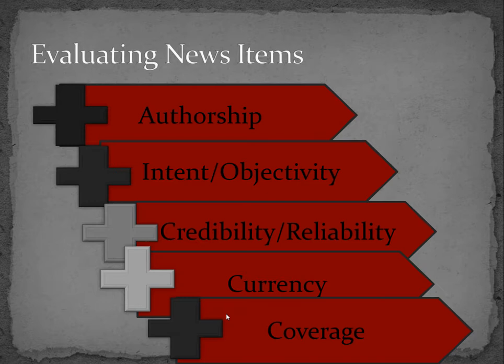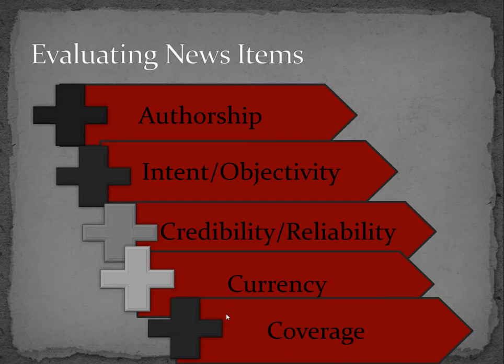So who wrote it? What are their credentials? What's their expertise? What have they written on in the past that makes them credible to write about this topic now? Intent, objectivity, what's the point of the article? What is it meant to convey? Is it objective? Or is there bias that you can see? Credibility, reliability, are there things that the person cites? If so, how well do they do it?